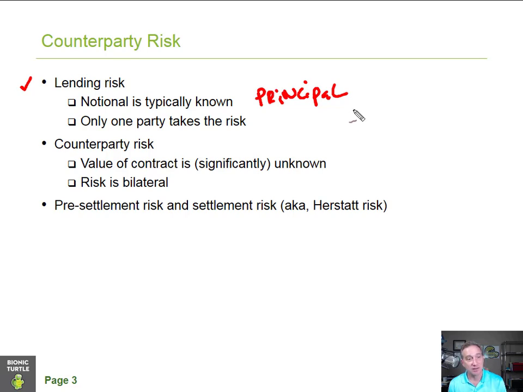So when the principal is lent or invested, that principal, or as Hull might say, the notional principal, is known and fairly stable and easy to predict into the future. And furthermore, the way that we think about this lending risk, it's usually unilateral. It's the lender that's assuming the credit risk, right? So you could also say unilateral there.